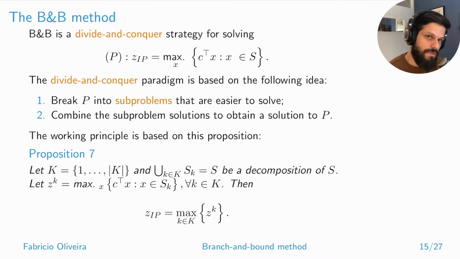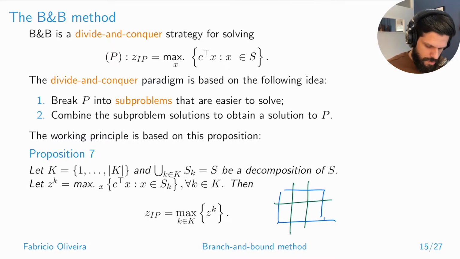That's a benefit, presuming that solving a smaller problem is easier than solving the original problem. Actually, an important premise behind it is that when we break the problem into parts like so, solving these parts independently needs to be cheaper than solving the whole problem.